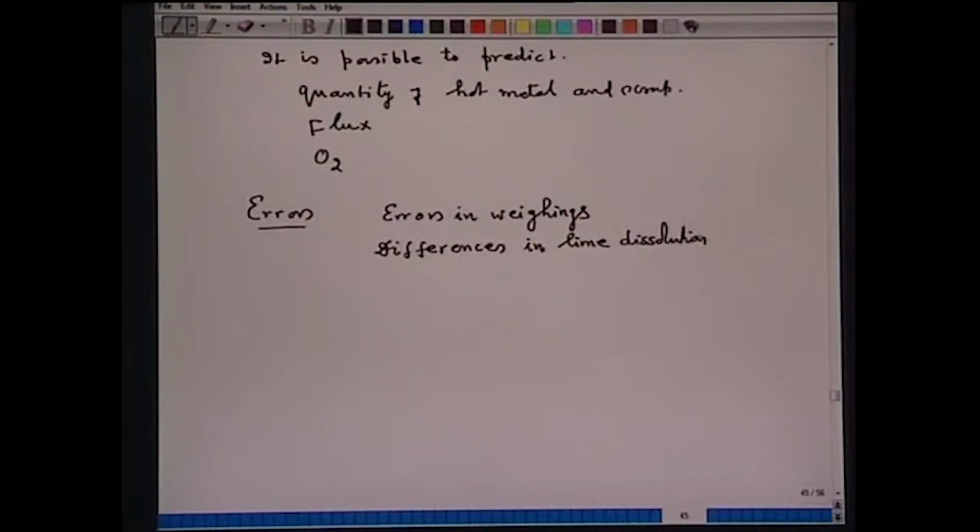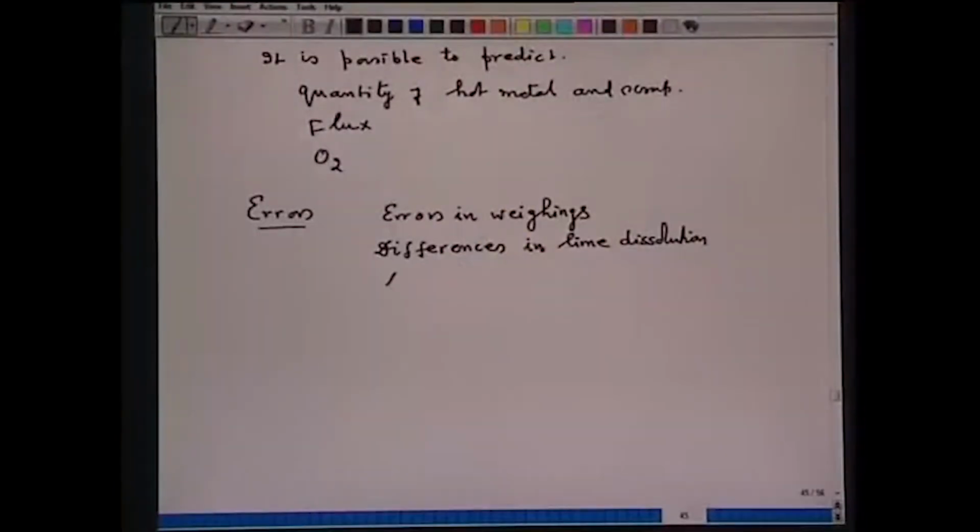If from one heat to another heat there is a time lag between the dissolution of lime, then accordingly prediction will be affected. Then dissolution of scrap and iron ore, size of the scrap, where they are put, because of the turbulent condition, how the scrap dissolution is going on. So, it may vary from heat to heat.